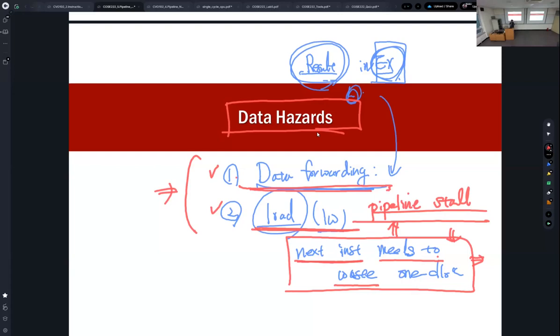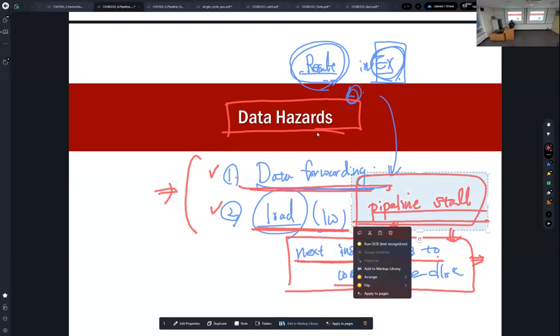But if the former instruction is a load instruction and the very next instruction requires the data from the load instruction, we cannot avoid the data hazard. In this case, the pipeline needs to be stalled.